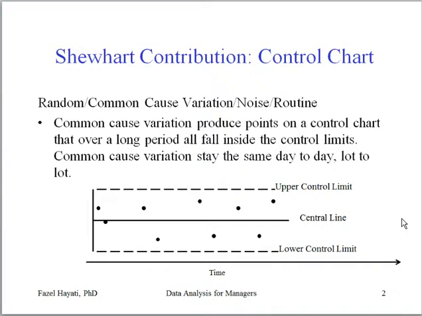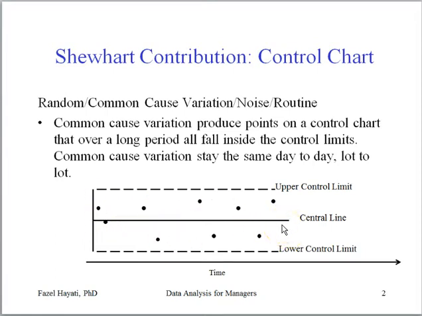So a control chart characterizes the variation into two types. We have random or common cause variation, sometimes referred to as noise or routine variation. This is the variation that produces points on a control chart that over a long period of time fall inside the control limits. As you see, they behave randomly between upper and lower control limits.